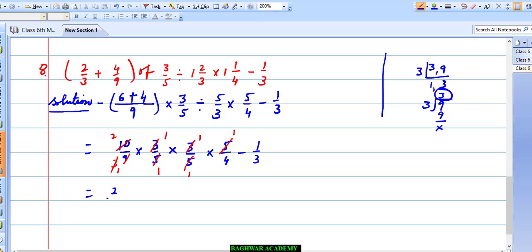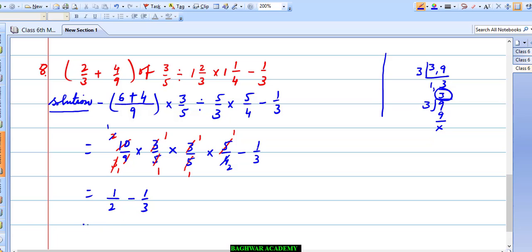In the denominator you see 1 1 1, and again this 4 you also have. So this also can be cancelled. 2 1s are 2 and 2 2s are 4. So finally you have got not 2 but 1. So we will write 1 over here, and in the denominator only 2, minus 1 by 3.